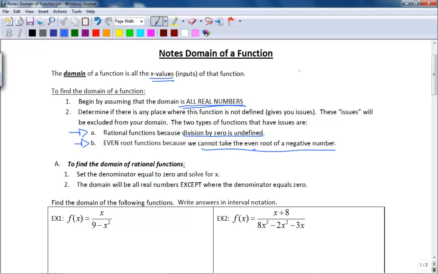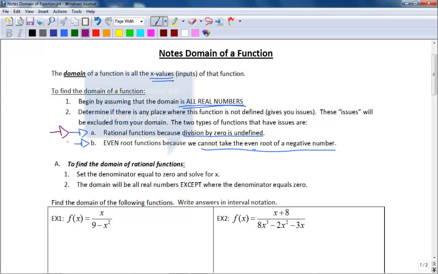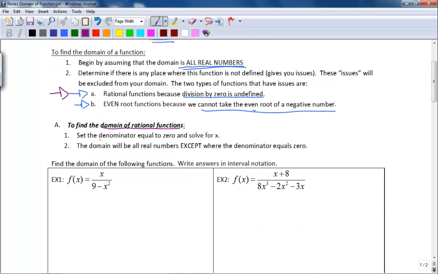So let's start by looking at how to find a domain of a function if I had a rational function. So we're looking at a function, we'd assumed the best, but then we realized it's a fraction, so what would we do? How would we find the domain of a rational function? Well, we've done this before when we were talking about rational functions, but let's review it again. To find the domain of a rational function, what you need to do is set the denominator equal to 0 and you solve for x.